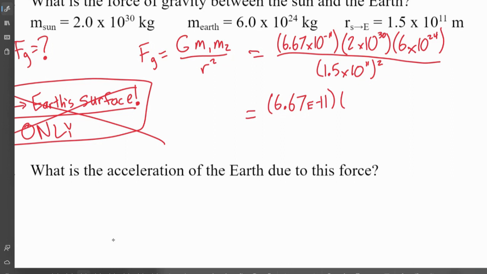And then over here for the mass of the Sun, 2 E 30 means times 10 to the 30. And then for the mass of the Earth, 6 E 24. That means 6 times 10 to the 24th. And then I'll do divided by 1.5 E 11 squared.